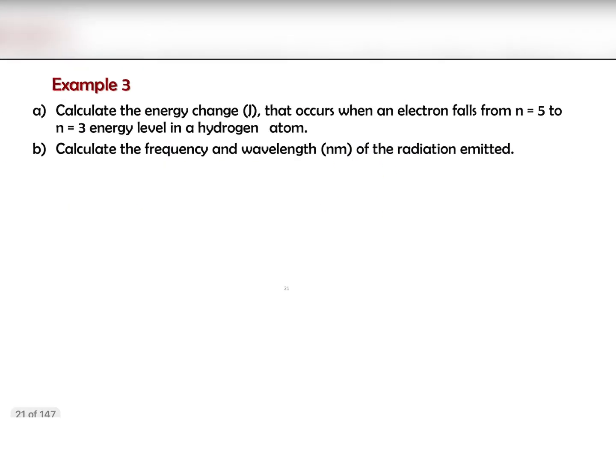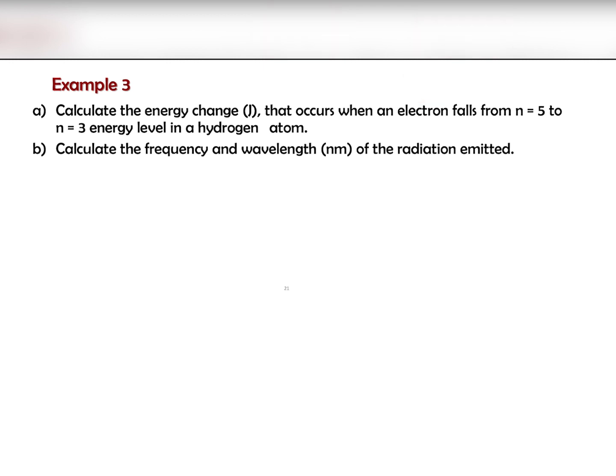For the third example, this question, you need to calculate the energy change. Energy change is delta E. Okay, so delta E mesti melibatkan ada dua, n initial dan n final. Bila apa-apa soalan dia cakap change in energy ataupun transition of electron, mesti ada melibatkan dua level, n initial dan n final.